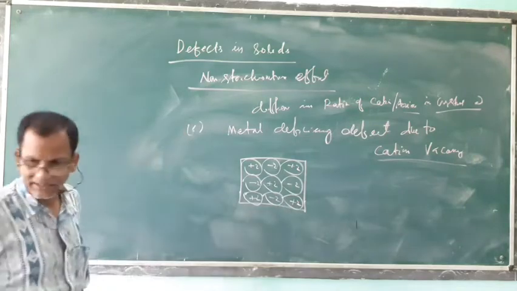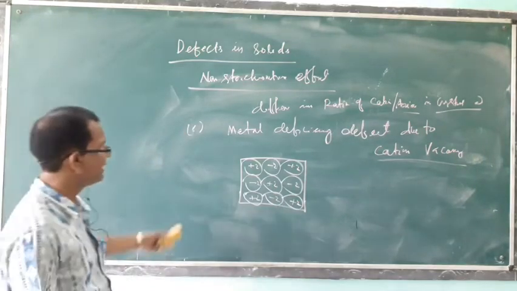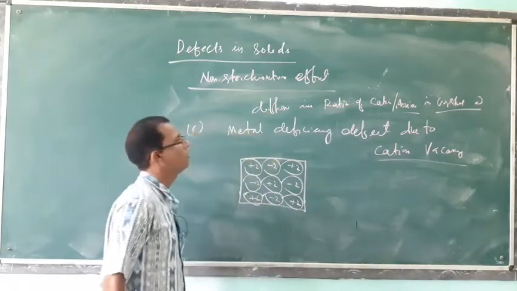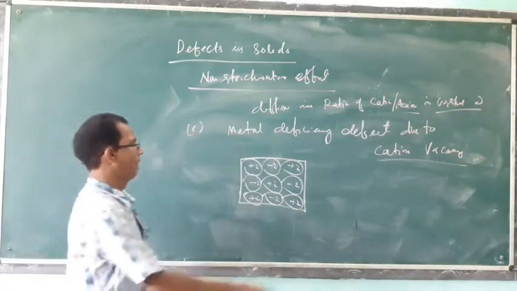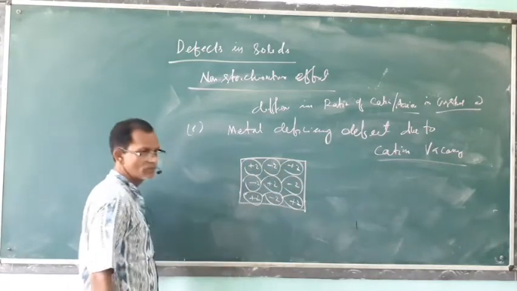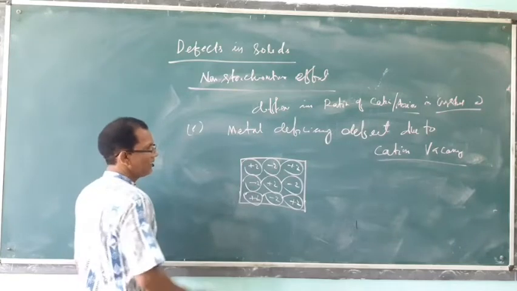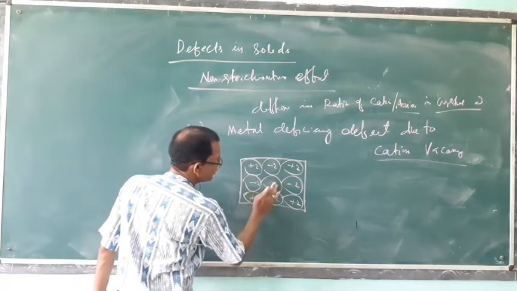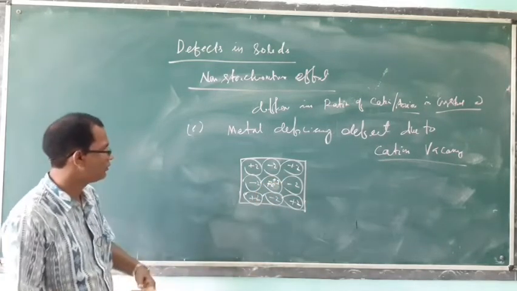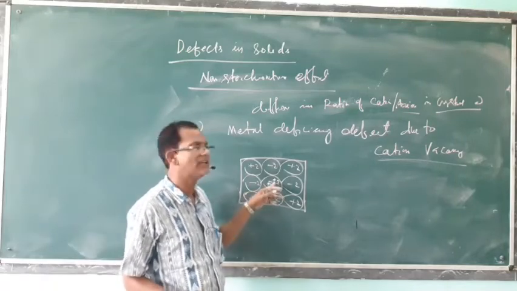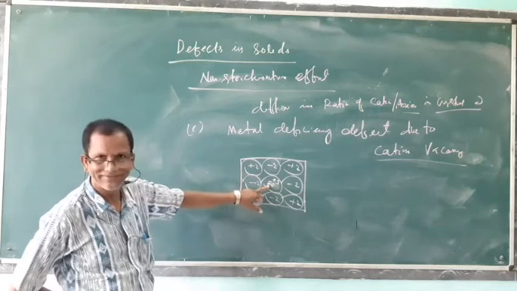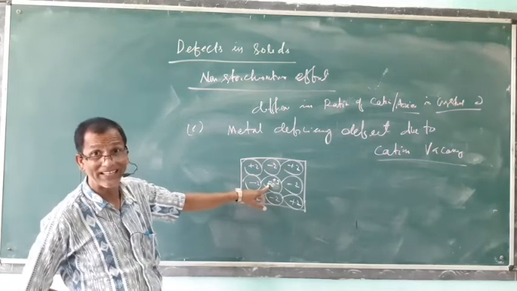But when this metal deficiency defect is observed, what happens? One particular ion will be removed. How? When the ferrous ion is oxidized to ferric ion, the ferrous ion will not be available here. It will be converted to ferric ion.